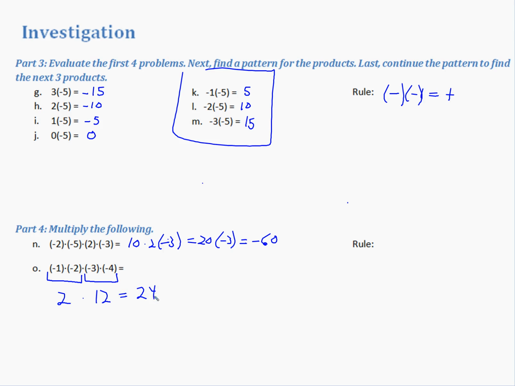So the nice thing about this is when you are multiplying and you have pairs of negatives, pairs as in 2 negatives multiplied together, that will always be a positive. So pairs is 2, which really means if you have an even number or an even amount of negatives, then your answer will actually be positive.